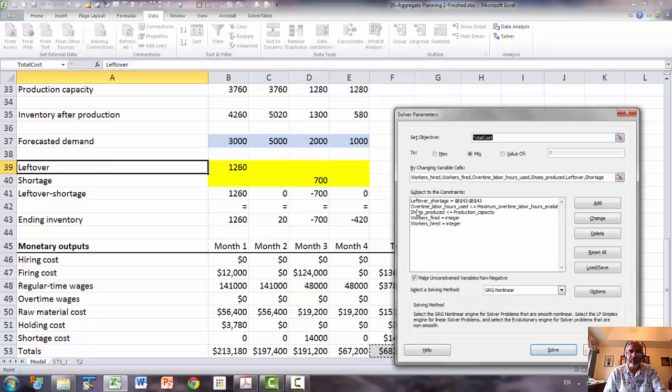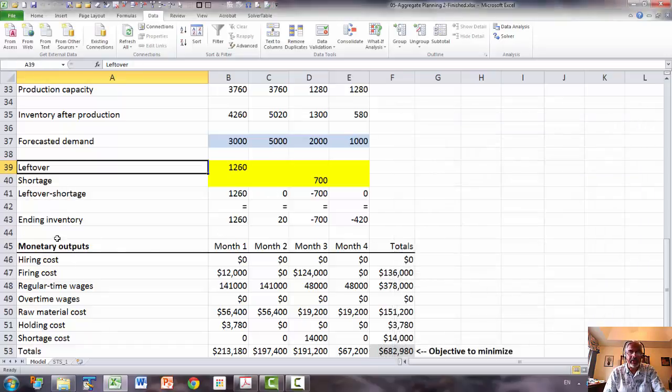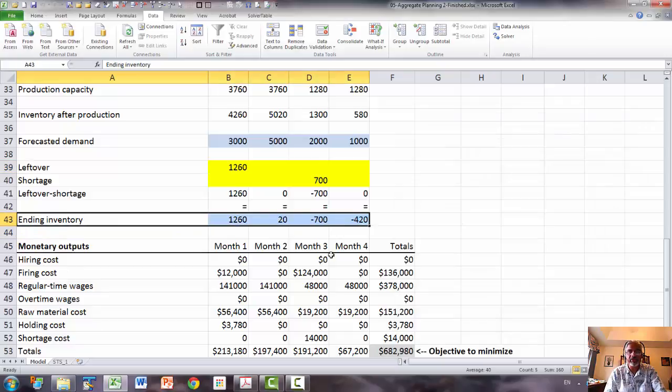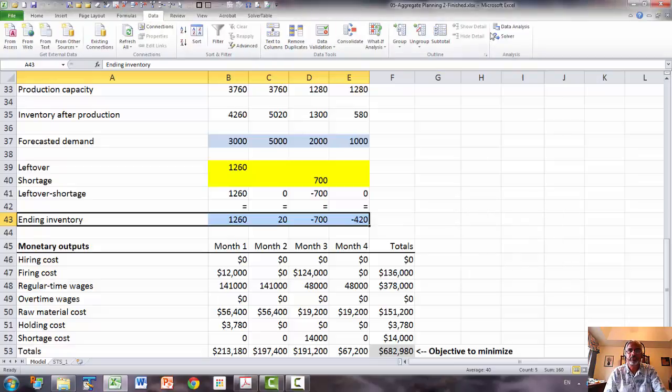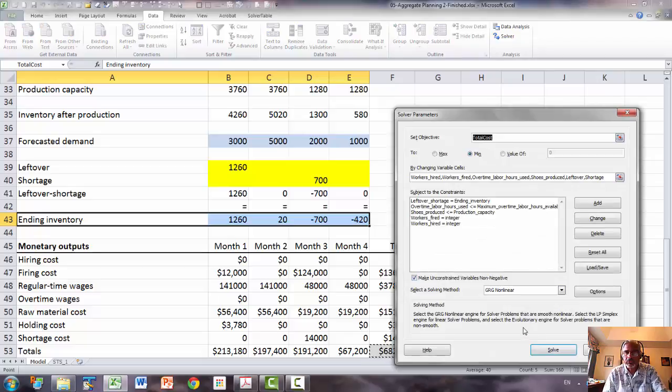So we have leftover minus shortage equal to the ending inventory. Okay, and then we have added leftover and shortage there. So we did not have a range name for ending inventory, so let's give a range name for ending inventory. Okay, and now we can change that to Simplex LP.